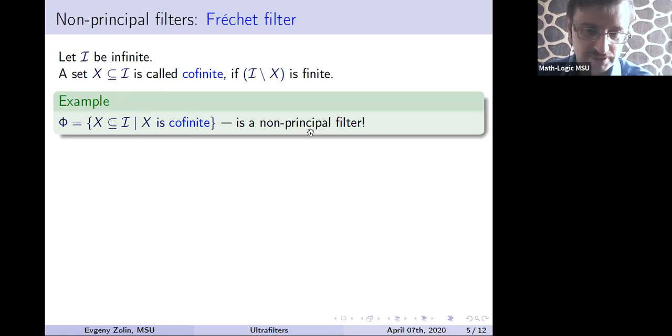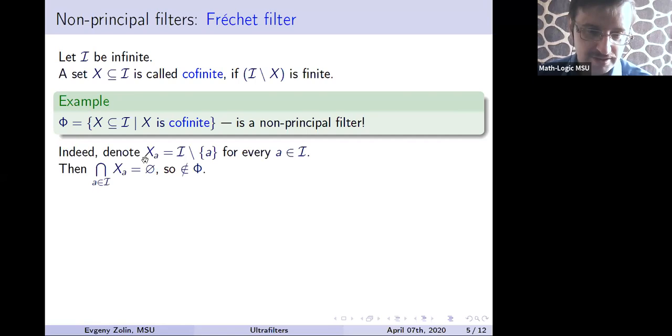Why is it non-principal? Why can't we build a set Z such that these sets are bigger than this Z? Well, we can simply use our criterion, necessary and sufficient condition, and consider the complements of singletons X_a for any element a.